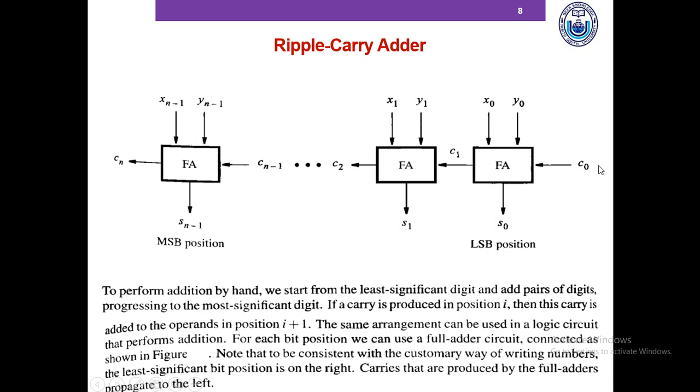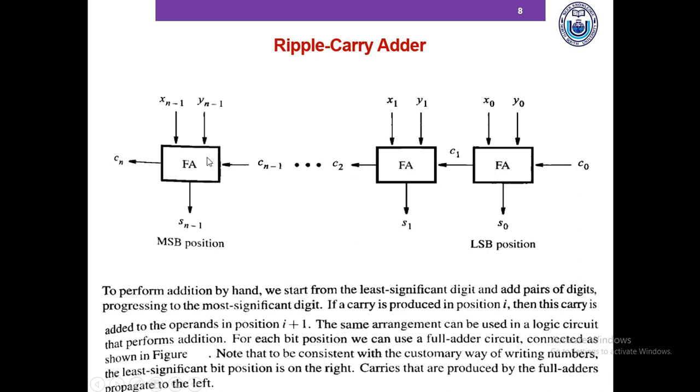When this full adder gets the 2 bits and the carry, it produces the sum here and sends the carry to its next full adder. Once the next full adder gets the carry from the previous one, it has already gotten the 2 bits that it has to add, so it instantly outputs the sum and then propagates the carry to its left.